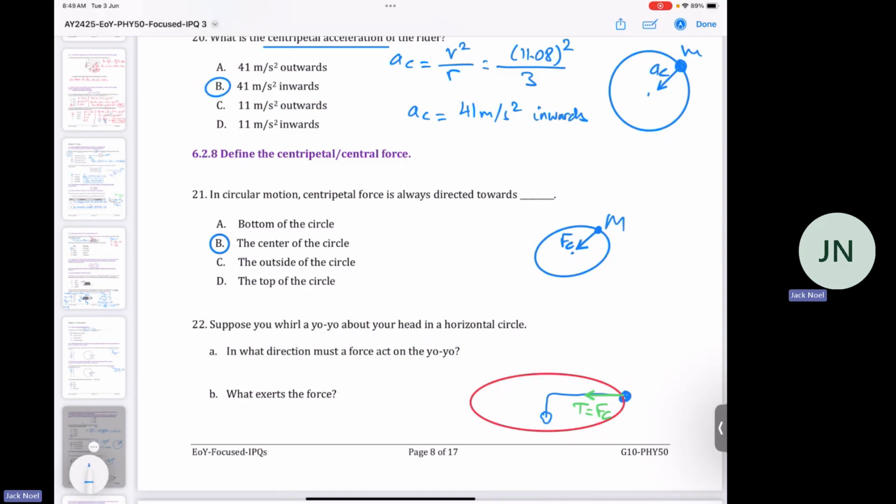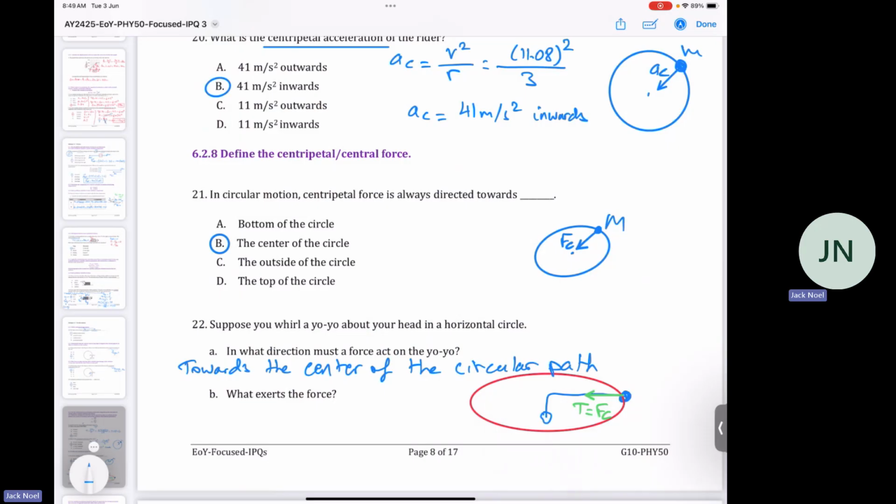So in what direction must the force act on the yo-yo? Towards the center of the circular path.